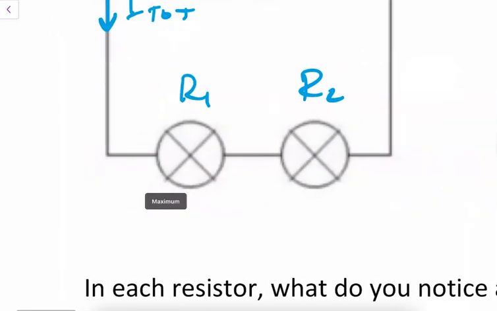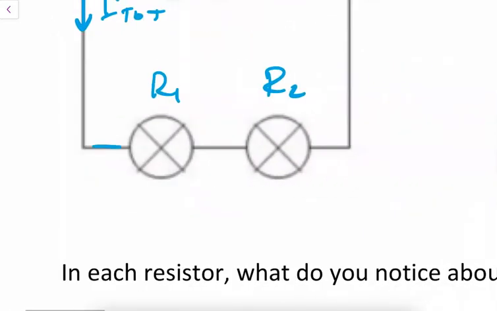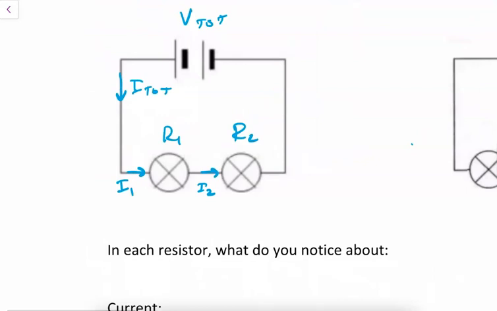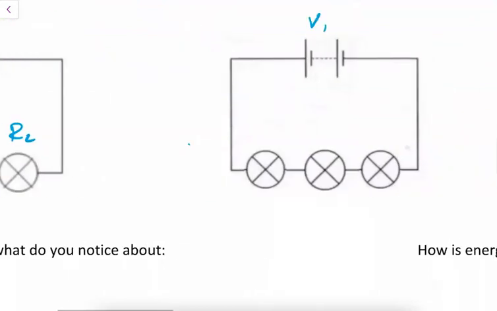And if I want to be super specific, I might say there's a current coming through and it's passing through resistor 1, so I might call this current 1, and I might call this current 2. And the same thing goes for the 3-lamp circuit: some total voltage and then R1, R2, and R3, and this I total.